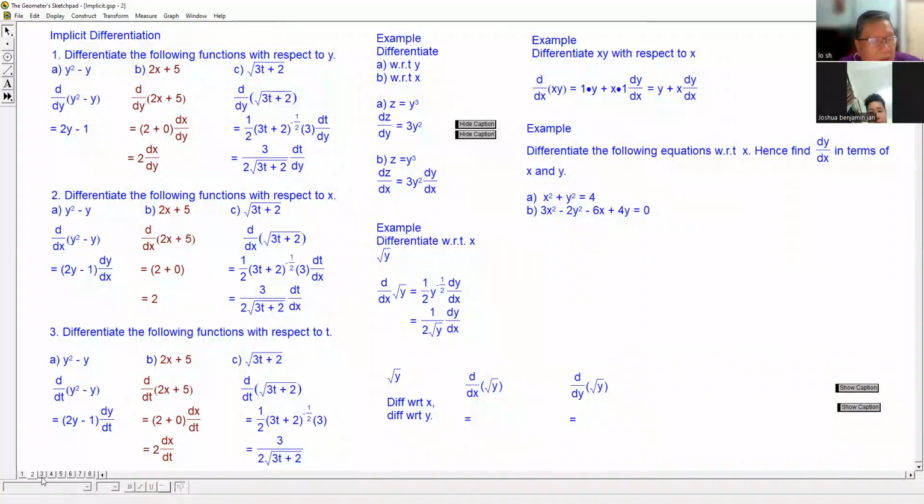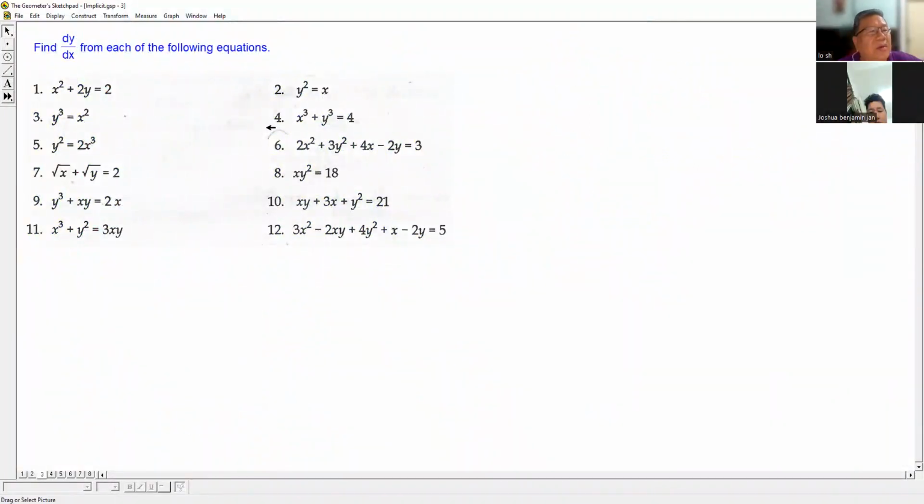Okay, so I want to show on this page. I want to differentiate d/dx of this xy.